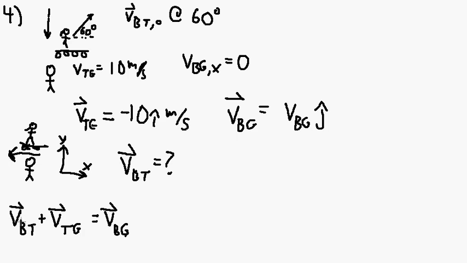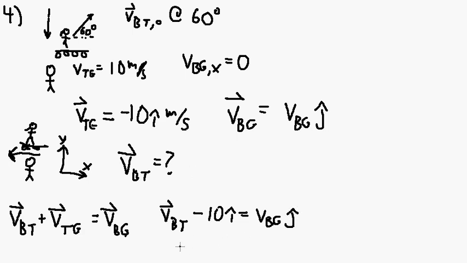Okay, so velocity of ball with respect to the train, we don't know, but we do know that train with respect to the ground is negative 10 i hat meters per second. And we know that the velocity of the ball with respect to the ground is purely vertical. Okay?